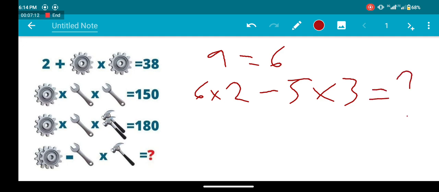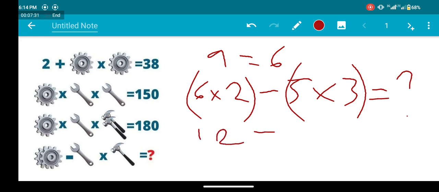So how do we solve this equation? For us to solve this equation, we need to apply the BODMAS principle. So put this into brackets. 6 times 2 is 12, minus 5 times 3 is 15. Now 12 minus 15, the answer is minus 3.